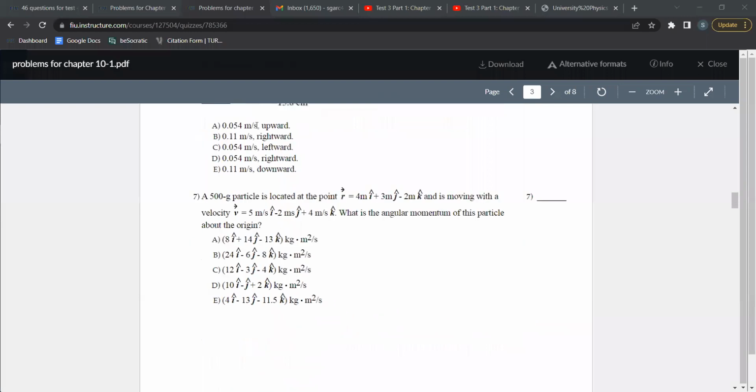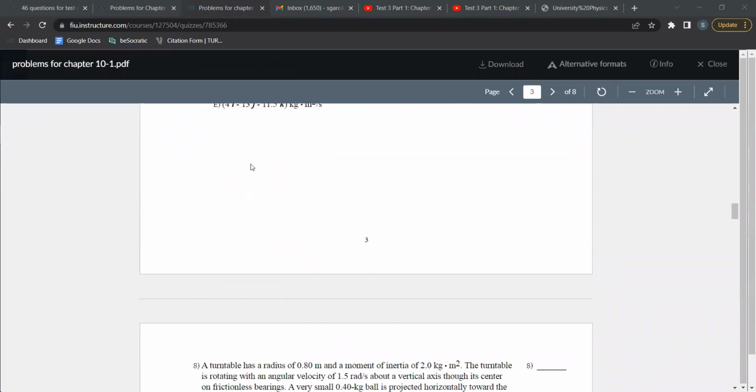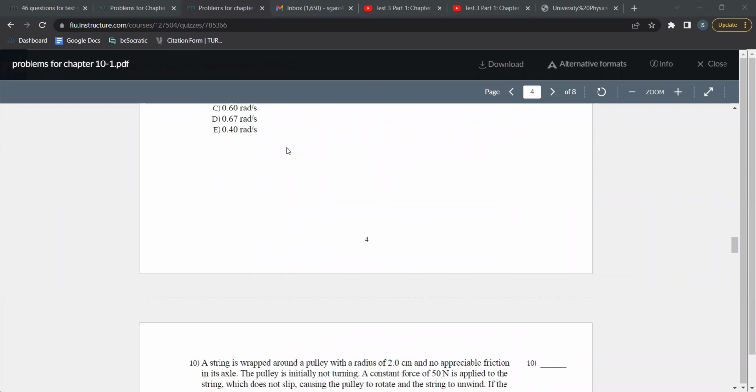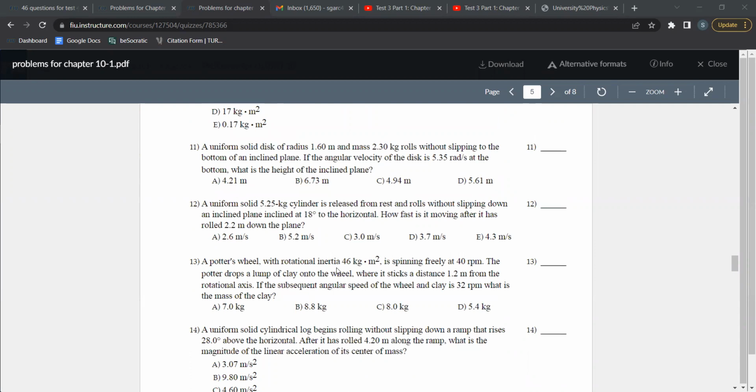I'll scroll down one more. We have one more problem we need to do. Let's pick something deeper down. Let's do number 13. All right, so a potter's wheel with rotational inertia of 46 is spinning freely at 40 rotations per minute.